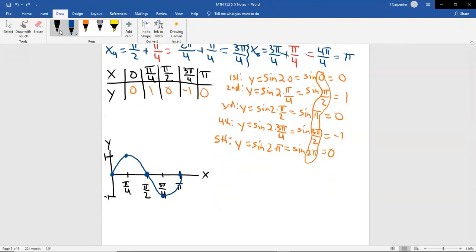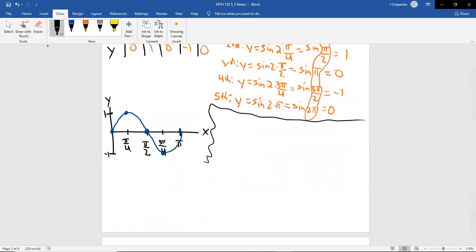So let me show you real quick a couple of graphs all on the same one. So let's go from 0 to 2 pi is here. Before we get to example B, then this will be pi, which will make this pi over 2.